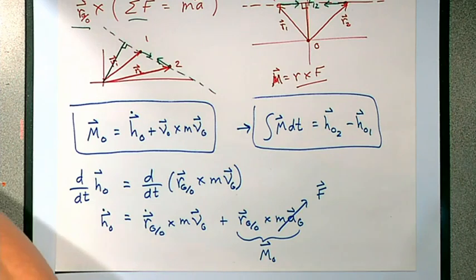This part falls out, and I'm back to my momentum impulse principle, and life is good. But for you guys, you really got to do one additional check to make sure that this is true. So, when is this true? Point O is fixed. Velocity of point O is 0. Right? Poof, gone.